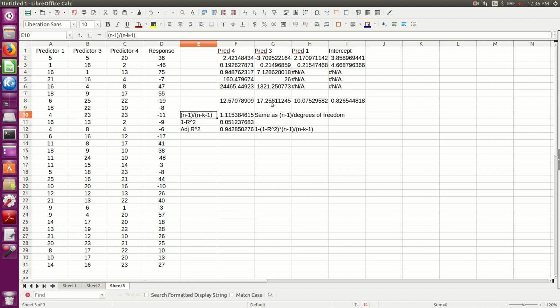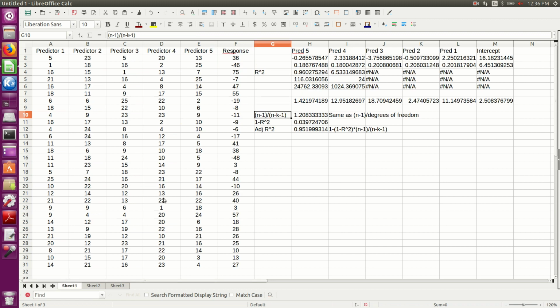But again, I think I would probably pick this model with the 3 predictors over the model with the 5 predictors or 4 predictors, based on the fact that these other 2 slopes weren't that significant. Well, this one wasn't at all, predictor 5. This wasn't that significant. And my adjusted R squared did not suffer very much in going to fewer variables. Fewer variables is much simpler, and so I like that better.